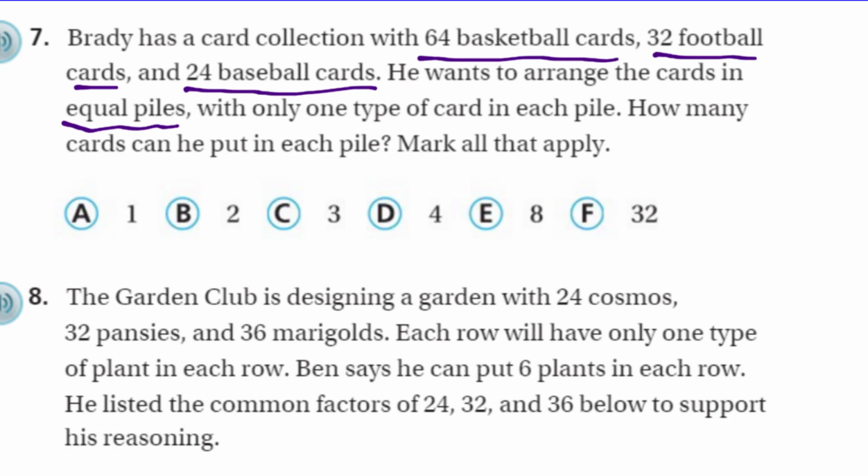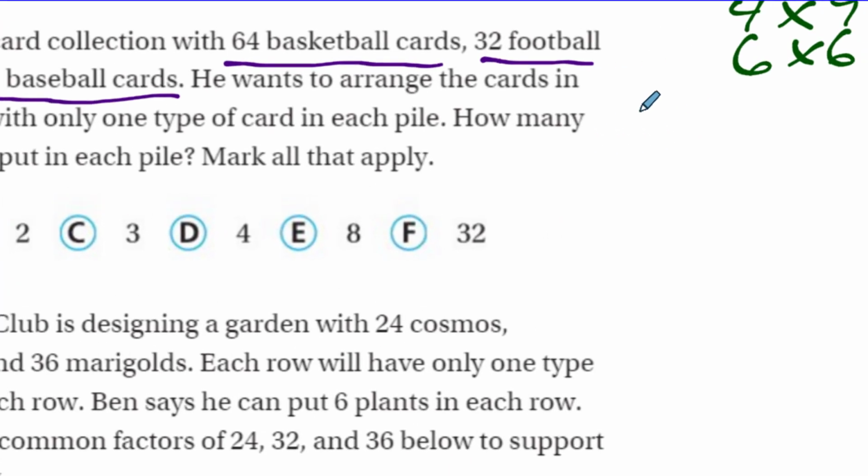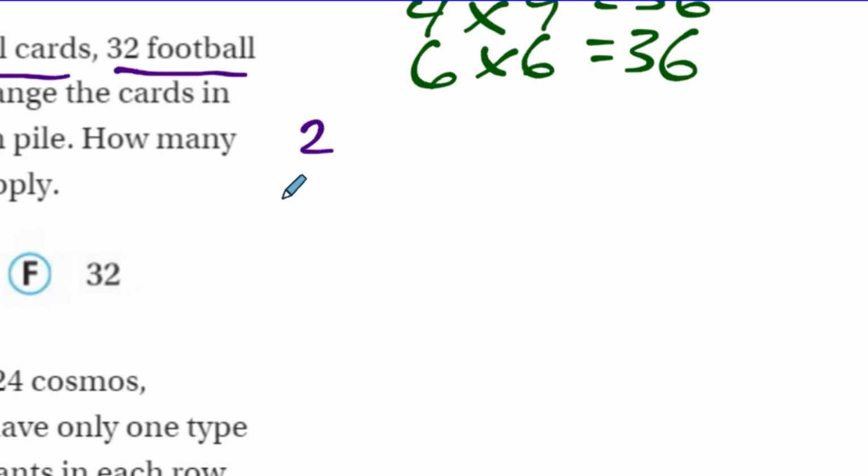But for example, for the basketball cards, let's just take 2. I can see that 2 is definitely a good factor because 64, 32, and 24 all have a factor of 2. So I could have 2 piles of basketball cards, and we would end up having 32 cards in each pile.